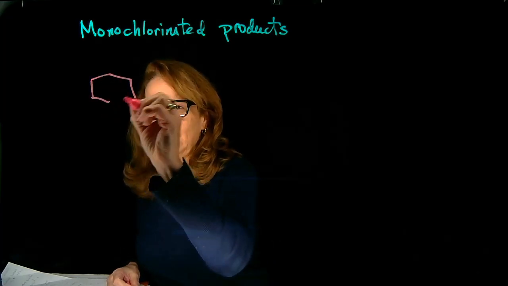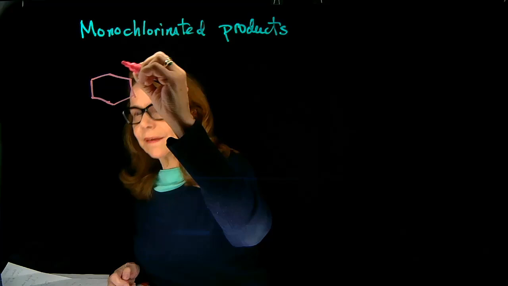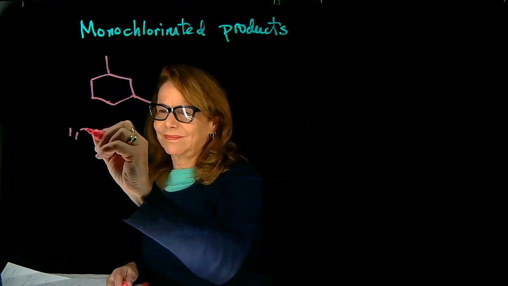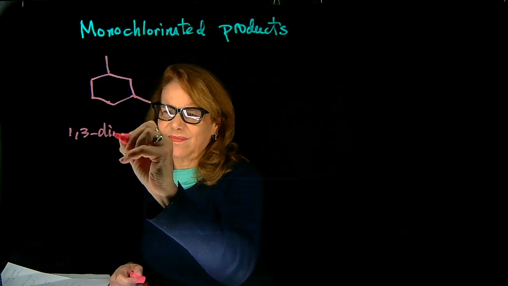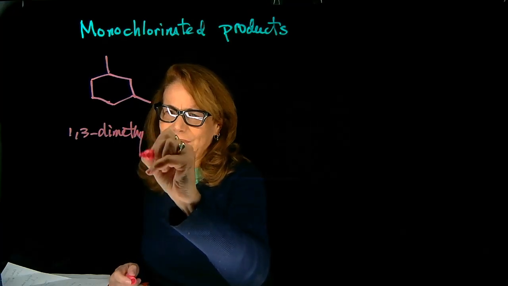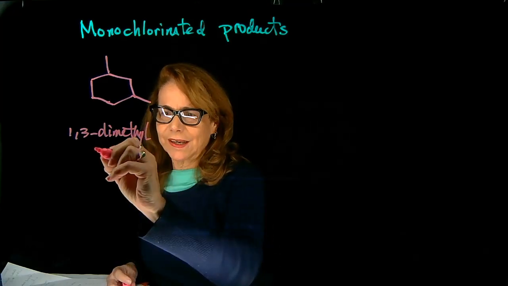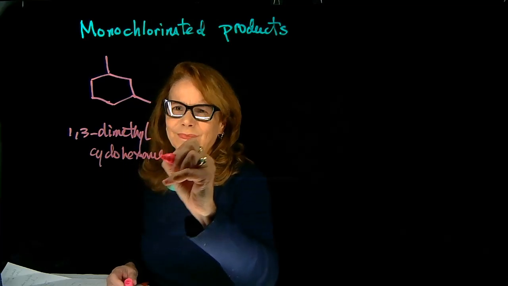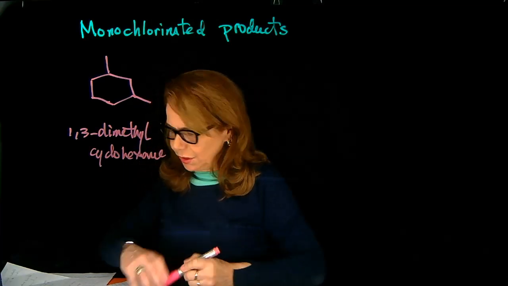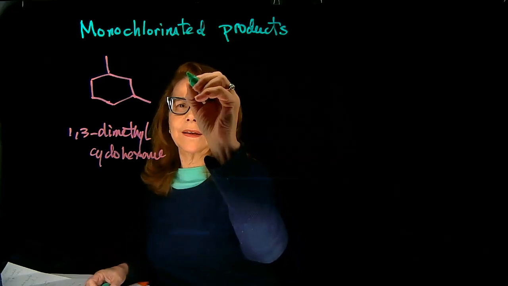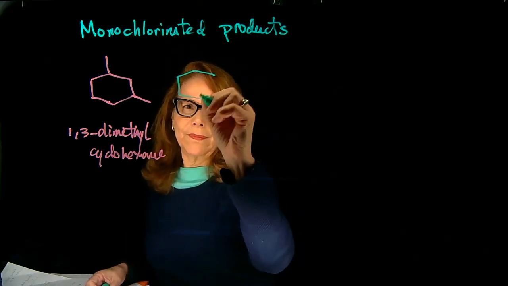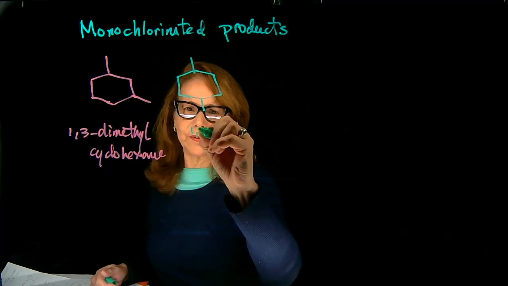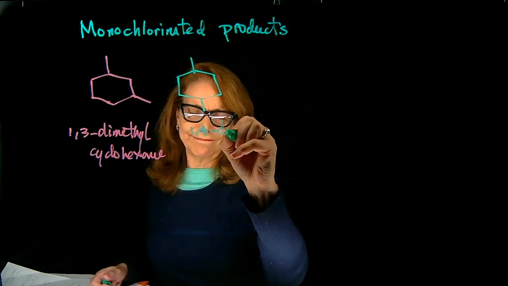And here you have 1,3-dimethylcyclohexane, and then I have another molecule, which is the 1,4 constitutional isomer, so 1,4-dimethyl.